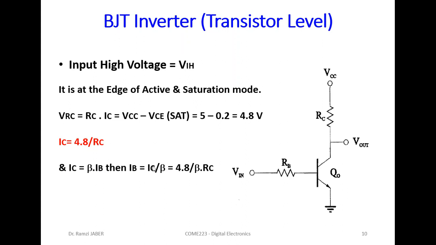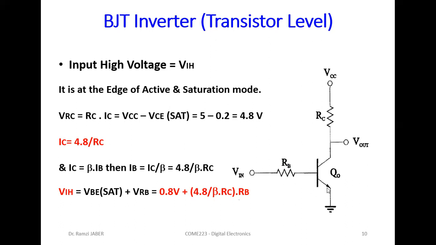We put the value of IC here, so we have 4.8 over beta RC. So IB equals this. Now I want to calculate the voltage on RB. V input high equals V RB plus VBE in saturation mode.